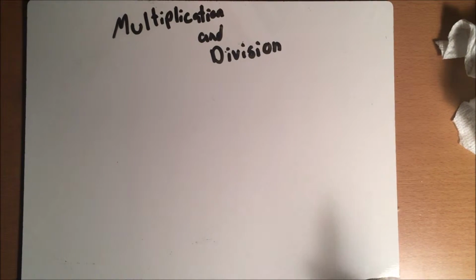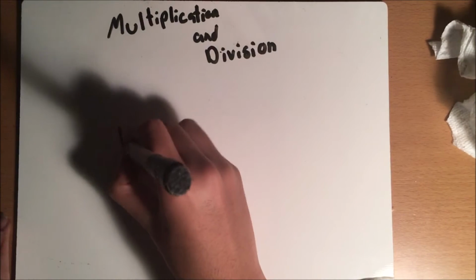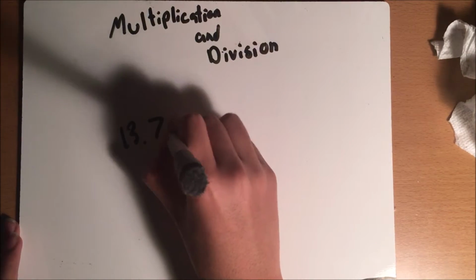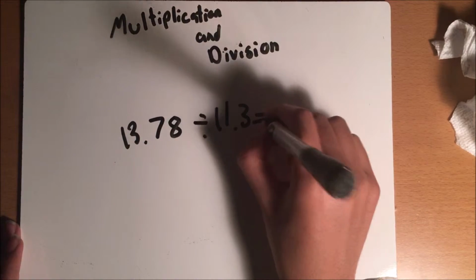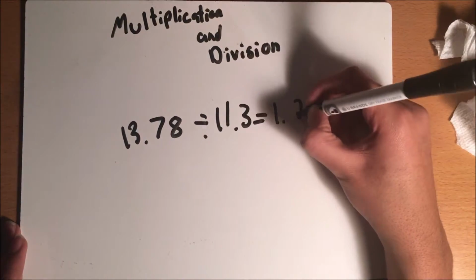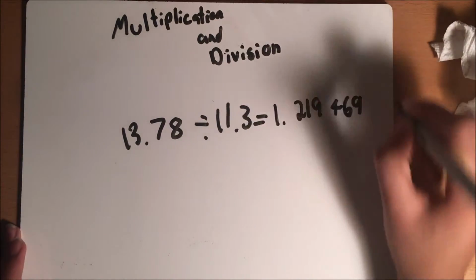For multiplying and dividing with sig figs, you take the least significant starting value and that becomes the significant figures of the answer. So if you have the number 13.78 and you divide it by 11.3, the answer is 1.219469.